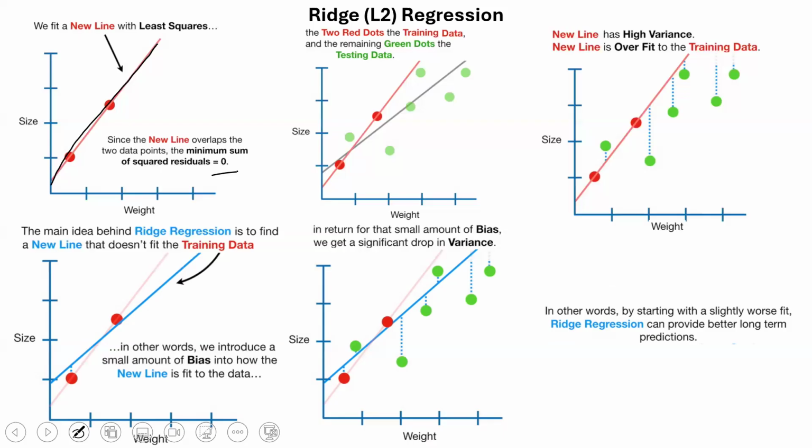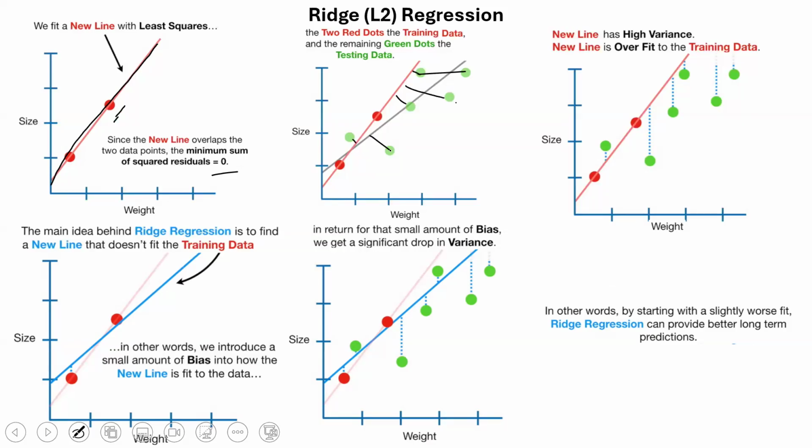So if these are the training data sets, and the green dots here are the testing data sets, that means the model is performing very well on the training data set, but not on the testing data set, because if you look at these points, the residual is very high. This means the variance is high.